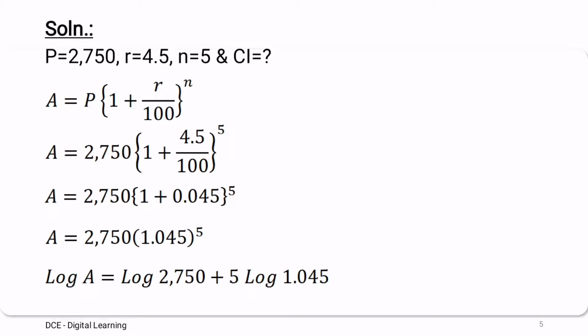Now, when you apply laws of logarithm, it becomes log A equals log of 2750 plus 5 into log of 1.045.